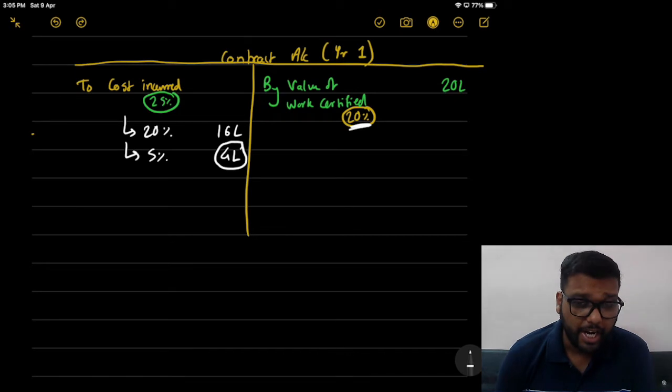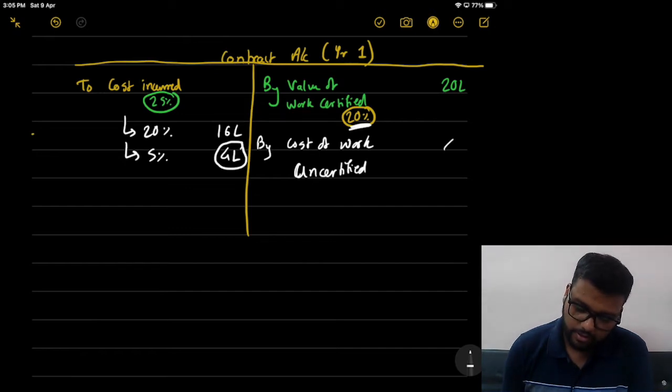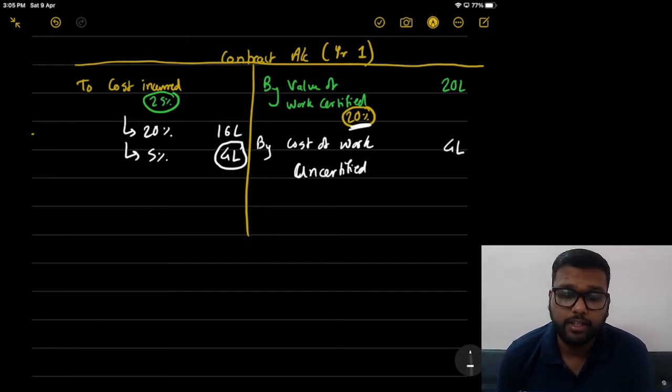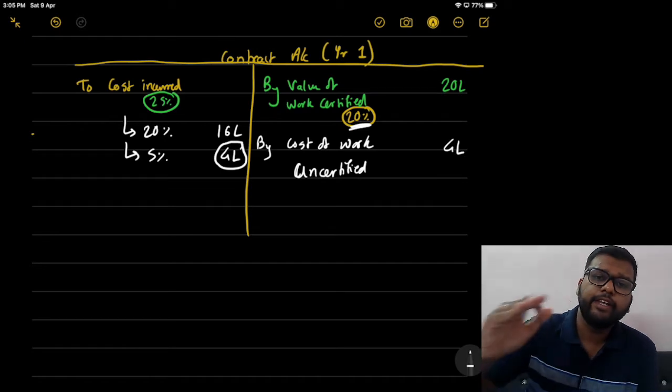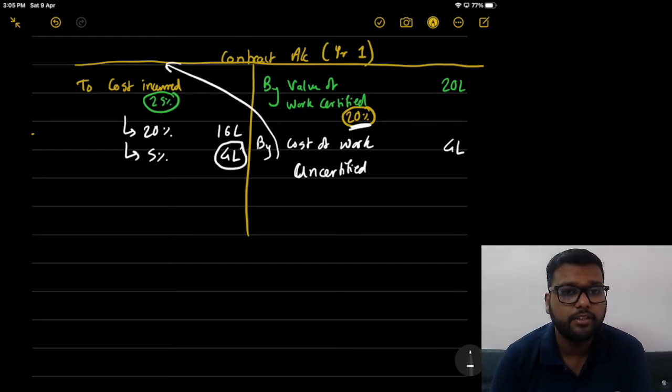Can I call it uncertified work? And what we can do is we'll reverse this by cost of work uncertified. Do you understand? We'll keep it in balance sheet and then we'll take it in next year as opening. Is that correct? Yes, sir.